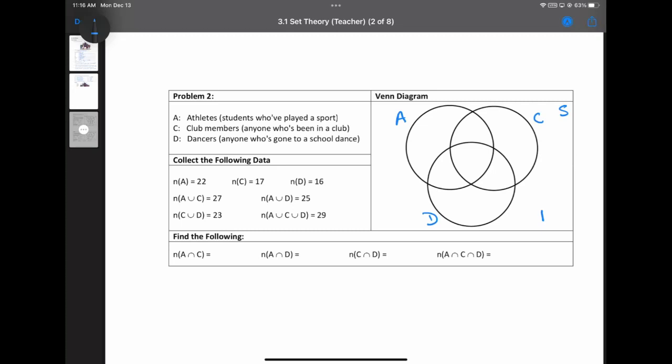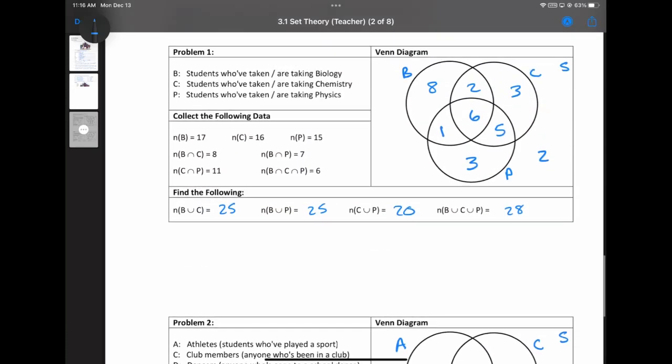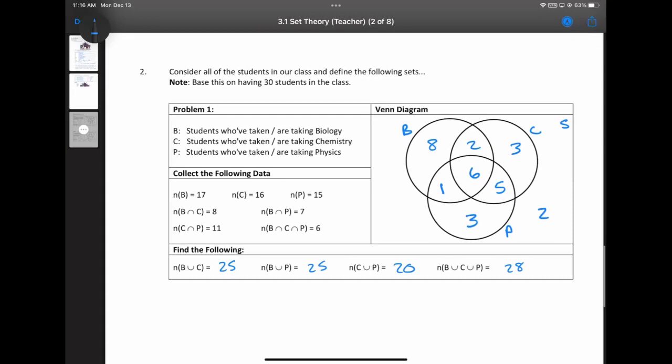Okay, so my one clue to you before I let you try this on your own is, if I scroll back up to the first one, the information we got there was about all the intersections, not the unions. We started in the middle of the diagram and worked out, and the last thing we put in the diagram was this 2 down here. That was the last thing we could figure out.